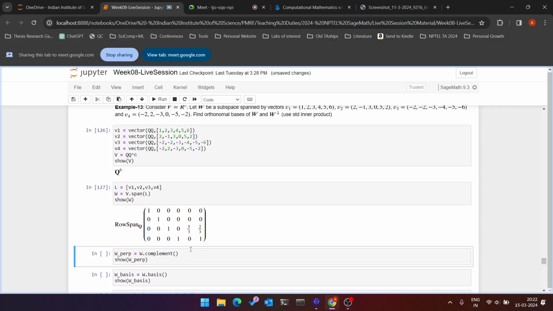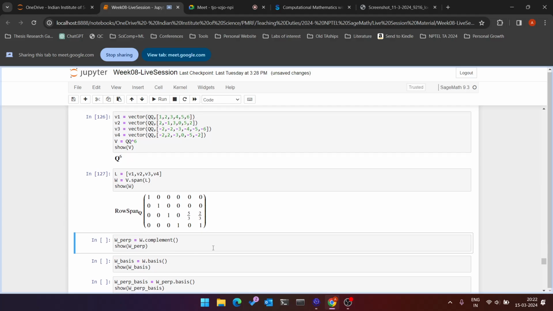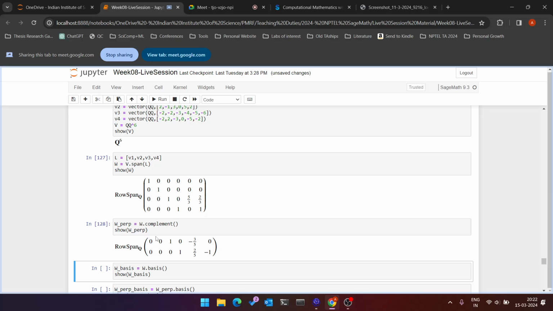Next, W perpendicular I can directly obtain by taking the complement space of subspace W, which is W dot complement. So again, an inbuilt function in Sage. This gives me W perpendicular.